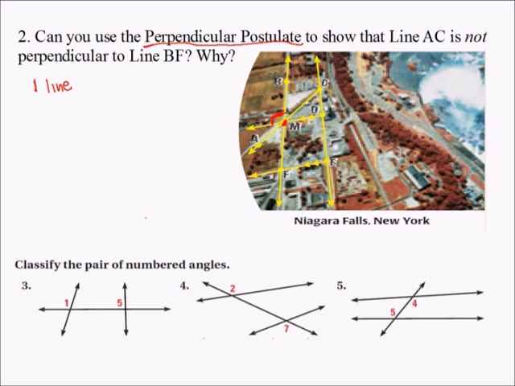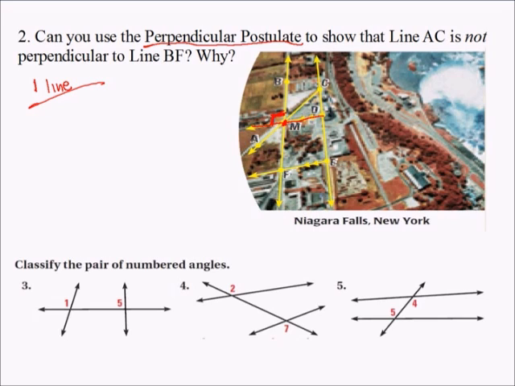What I was saying was that we have a line MD. It is perpendicular. How do I know that? Because they're meeting at a 90 degree angle. MD and BF are perpendicular. So if I already have my one line that goes through this point and it's perpendicular, the perpendicular postulate says that I can only have one line that does that.